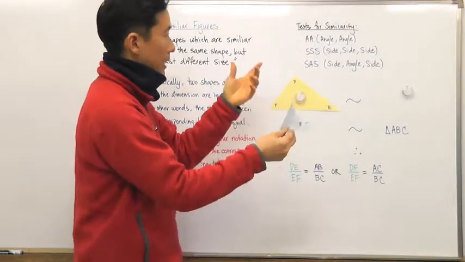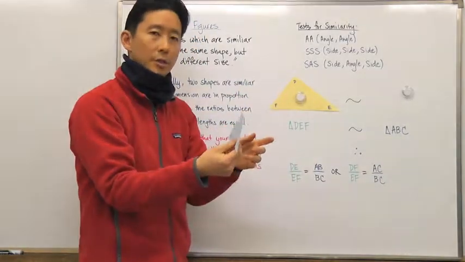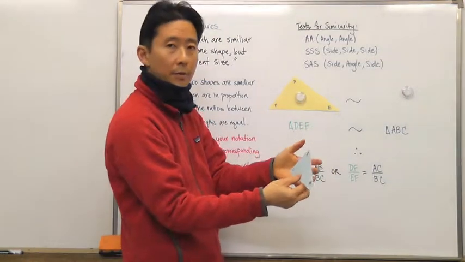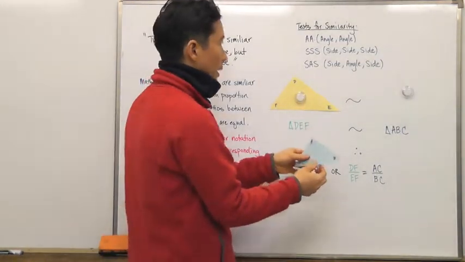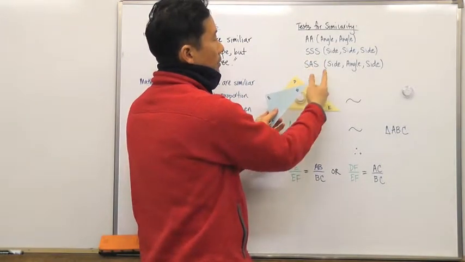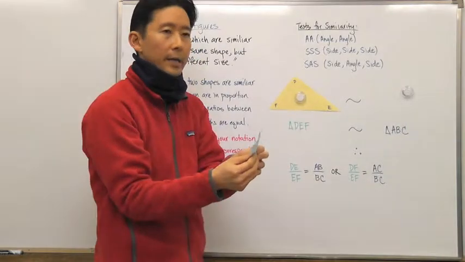So what I know then is that these two triangles are in fact similar from a mathematical perspective. Now, we'll take a look at the side and the side-angle tests in class.